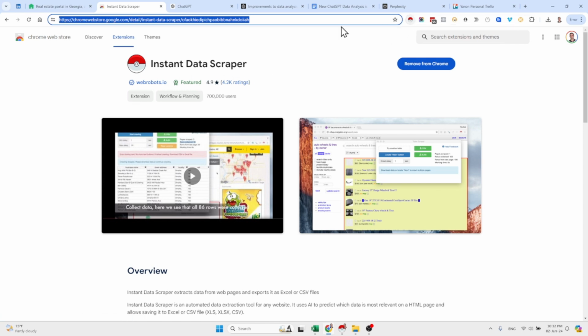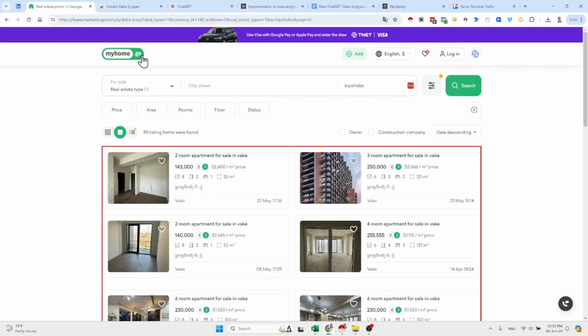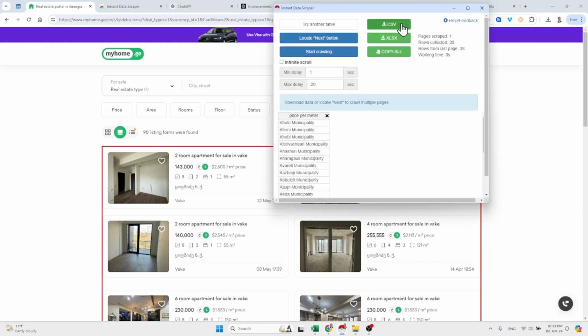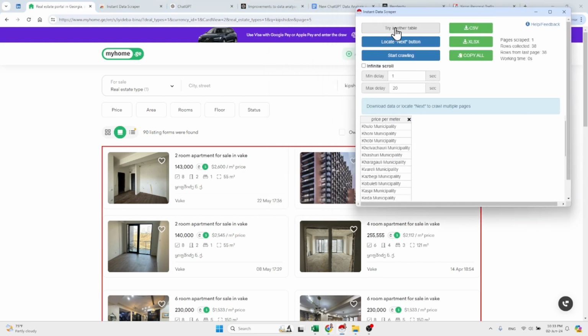This is the icon. And then I went to My Home GE, which is a marketplace that contains real estate in Georgia. Basically, I filtered only specific properties in a specific street. I had 90 listings. I used this tool to scrape the data.